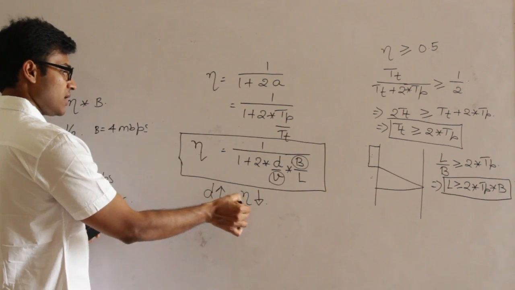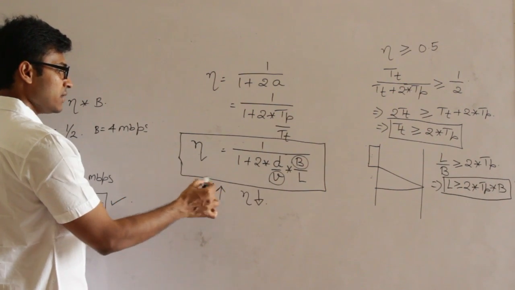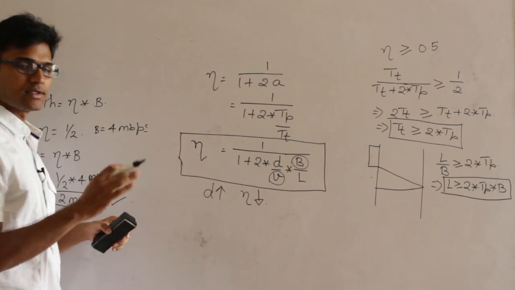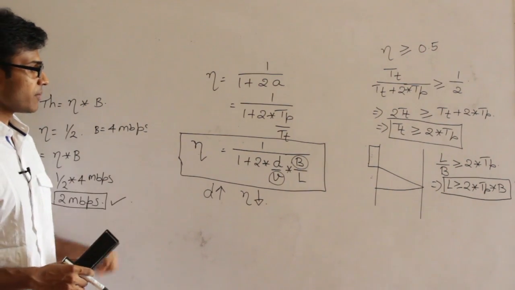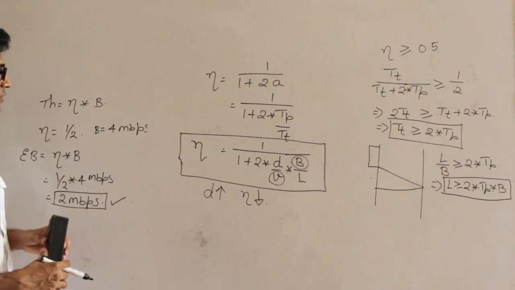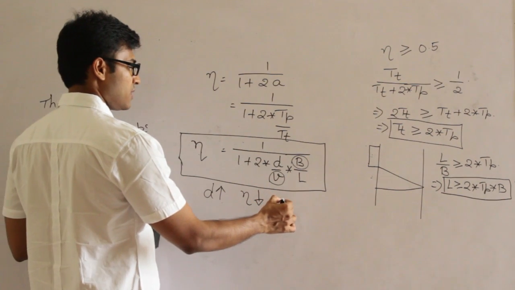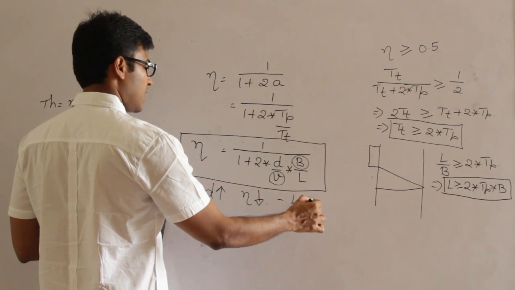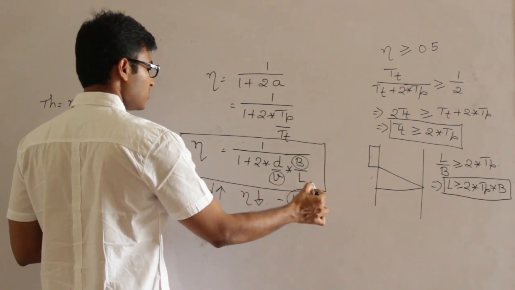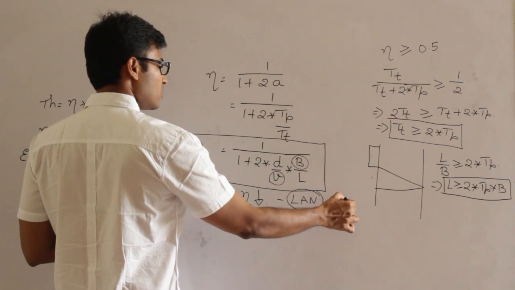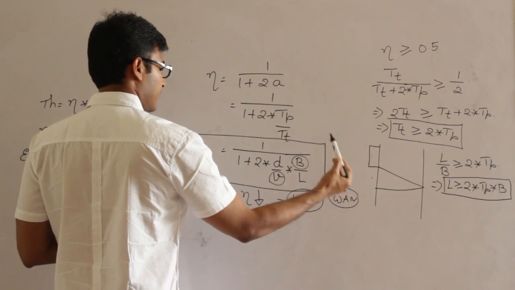Therefore, stop and wait is more optimal for networks whose distance is less, which means stop and wait is better applied for LANs. So stop and wait gives better optimality for LANs. It is good for LANs and it is not so good for wide area networks.